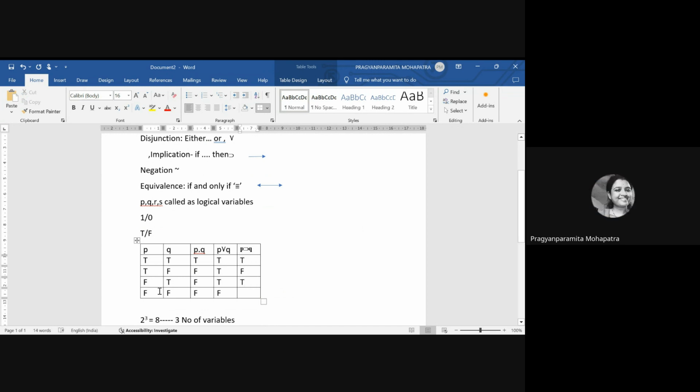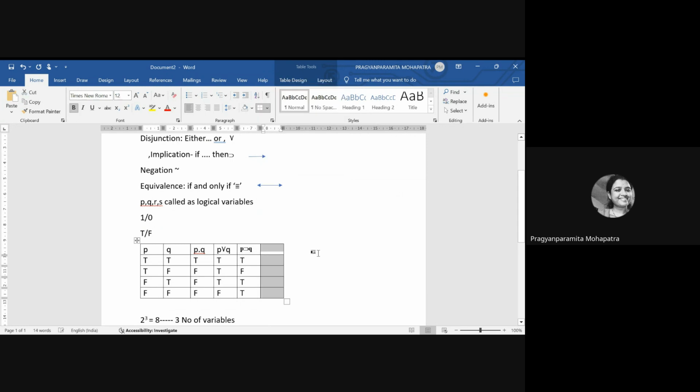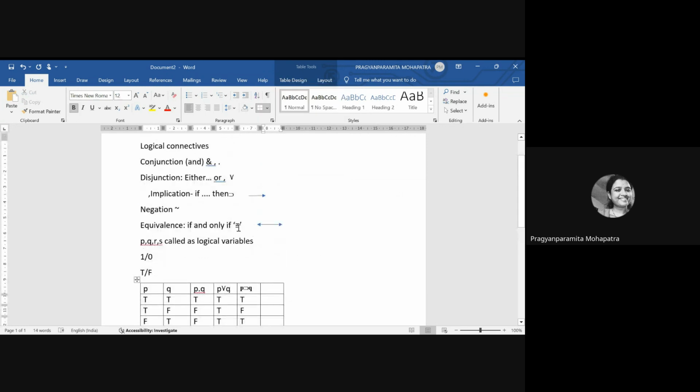Both P and Q false, P implication Q is true. So for implication, there is only one condition under which it is false, where the antecedent is true and the consequent is false. Okay?